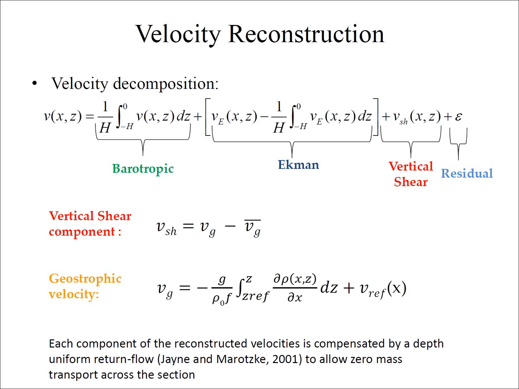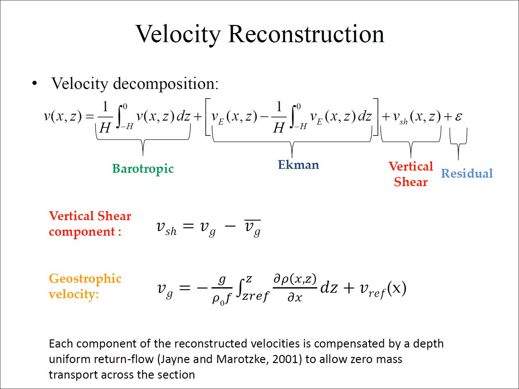Generally, this residue is what this decomposition can't resolve, the ageostrophic and other parts of the flow. The vertical shear is generally associated with the geostrophic calculation itself, minus a vertical average term, so the vertical shear has no vertical average component. The geostrophic velocity is calculated from the classic thermal-wind relationship, and we can add a reference velocity.